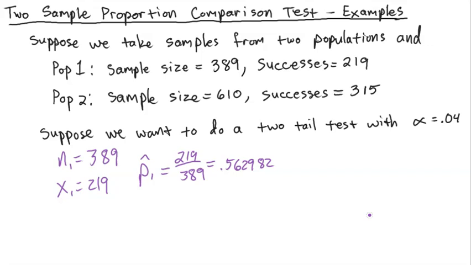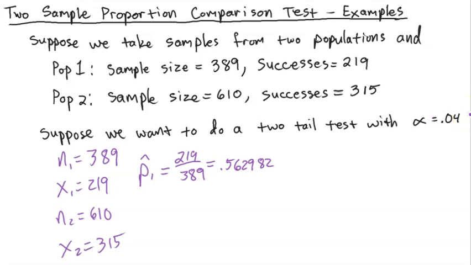But I want to show you how you can actually get this information out of the NumWorks calculator in another way. Let's look at our population 2. Our sample size is 610, so N2 is 610, and then X2 is 315. In this test, we're doing a two-tail test, and alpha is 0.04.